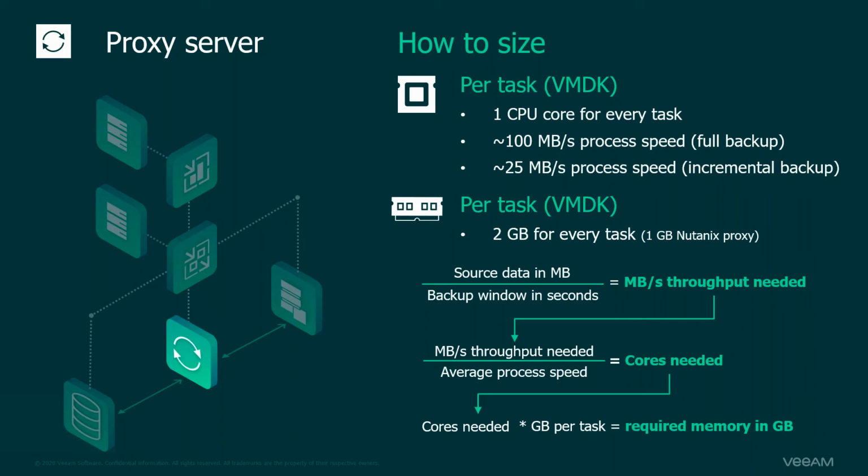If you're a heavy Linux shop, or you have specific licensing recommendations or limitations, then Linux proxies might be the way to go. If you need to do direct storage access, or you already have Windows licensing in place and it doesn't matter, or you need to do network mode, then Windows proxies would be just as fine. Performance-wise, though, with hot add, you're going to see the same performance between Windows and Linux.